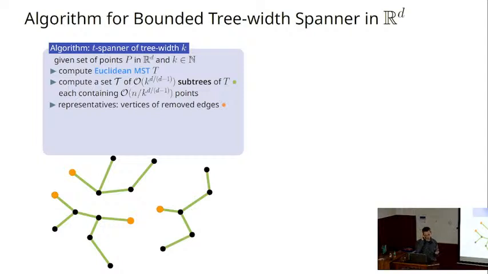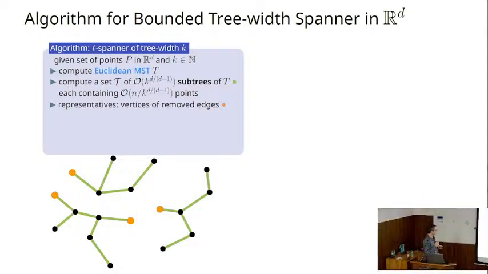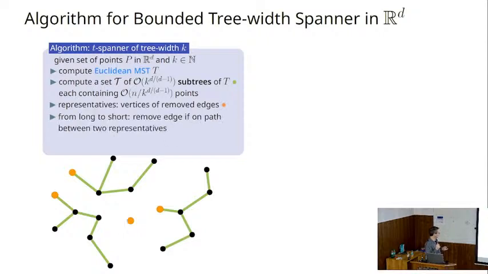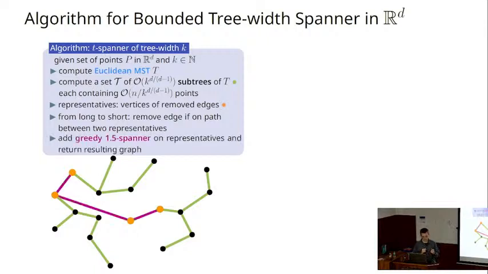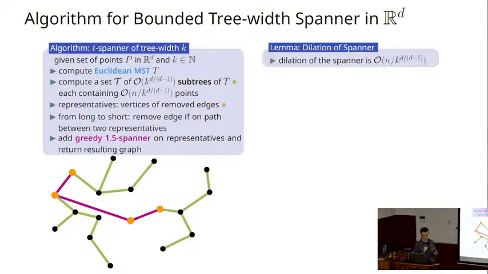What we now additionally do is, in each of those subtrees, we go through the edges from longest to shortest, and if that edge connects two of those representatives, we remove it. So this would be the longest one here, we remove it. So now for every one of those orange representatives, we only have one tree connected to it, and the orange ones are no longer connected. Finally, we build the greedy spanner on the representatives, combine that with those trees, and this gives a spanner, and n to the k.